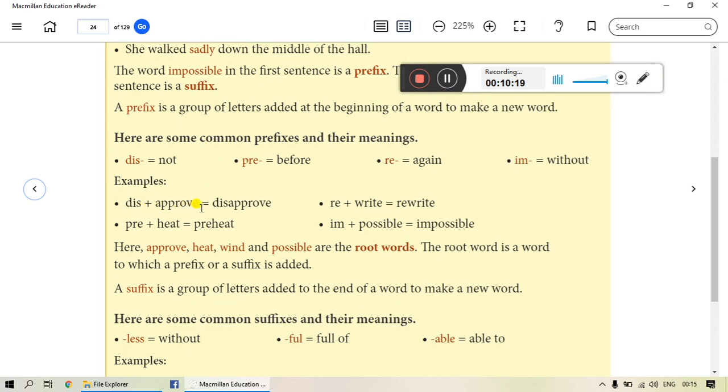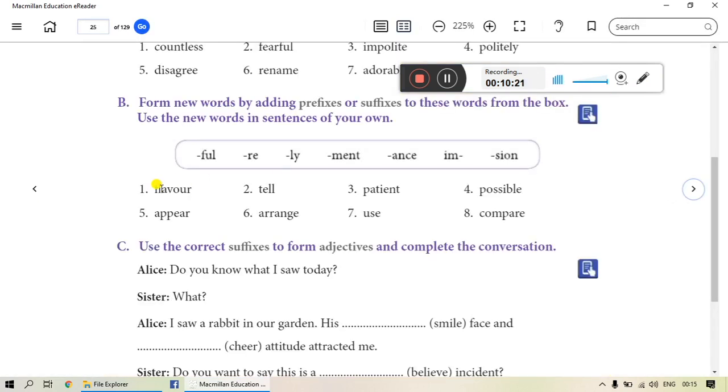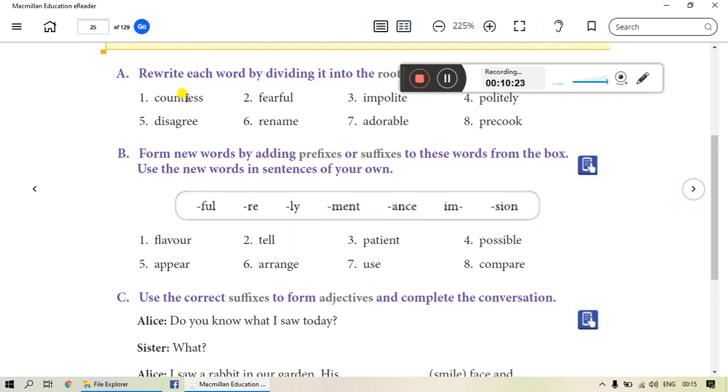Dis plus approve was here. So similarly you will write count plus less. Count is the root word and less is the suffix. Okay. In disagree, dis is the prefix, agree is the root word. So you'll write dis plus agree, and you will mention that this is the prefix and agree is the root word.